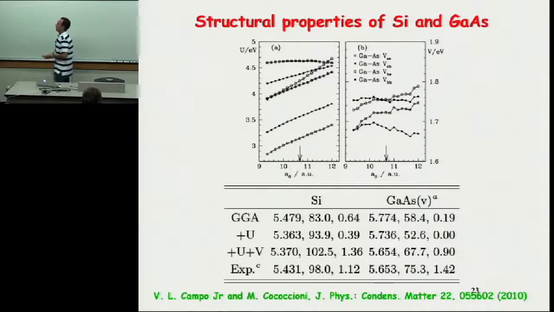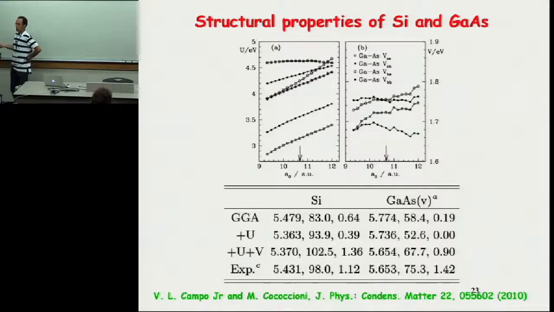And it works pretty well, in the sense that if you now apply this plus U plus V correction to systems like silicon, you get a correction in the right direction. This is the decrease we had obtained with just U, for example, and now you see the improvement of the band gap in the right direction. Same thing for structural properties, although I think in one case it worsened the results a little bit compared to GGA or GGA plus U, but not very significantly.